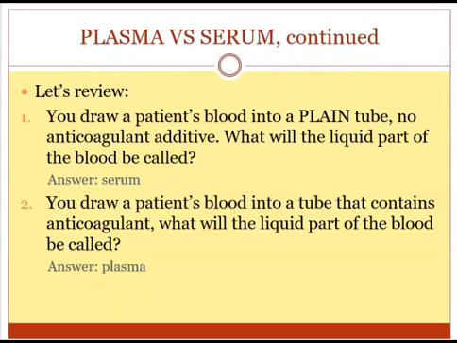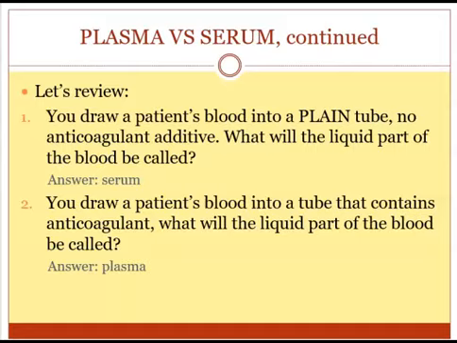So you end up with serum. Number two, you draw a patient's blood into a tube that contains an anticoagulant. What will be the liquid portion of the blood called? In that case, we've got plasma because we do not have a clot, or a clot was not allowed to form.